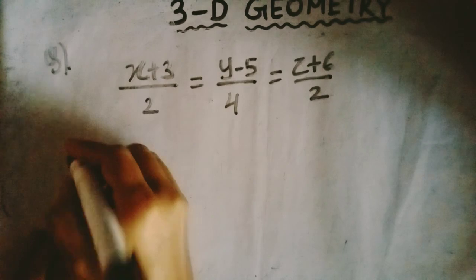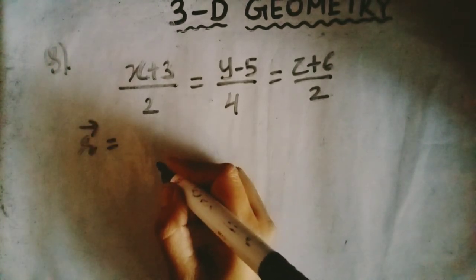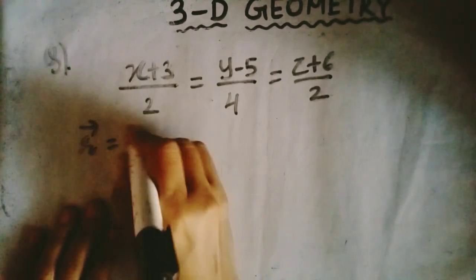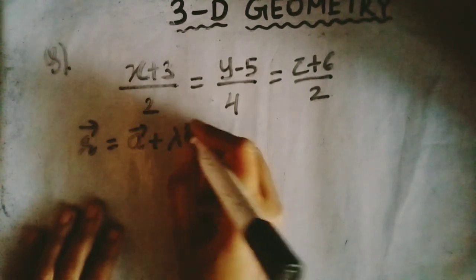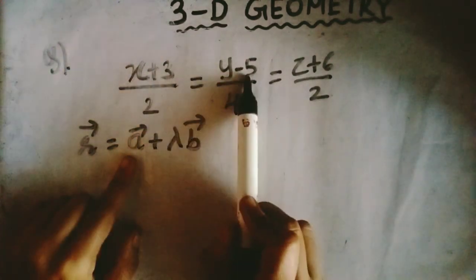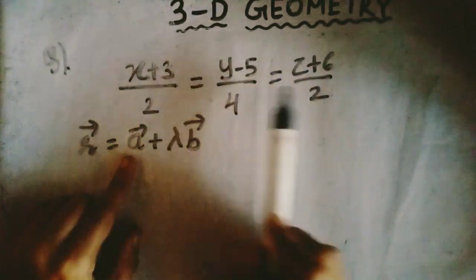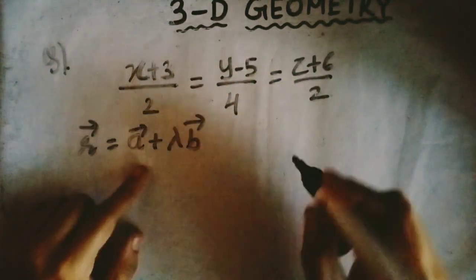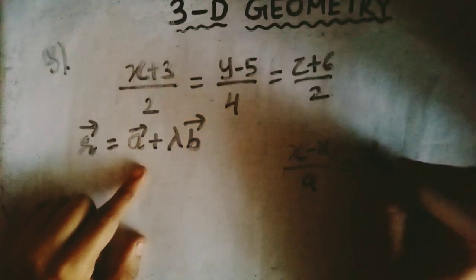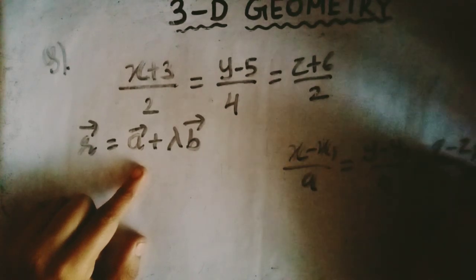So what you need is r equal to a plus lambda b. The A vector you will get from the point (-3, 5, -6). So compare this with the Cartesian equation, (x minus x1) upon a, (y minus y1) upon b and (z minus z1) upon c.